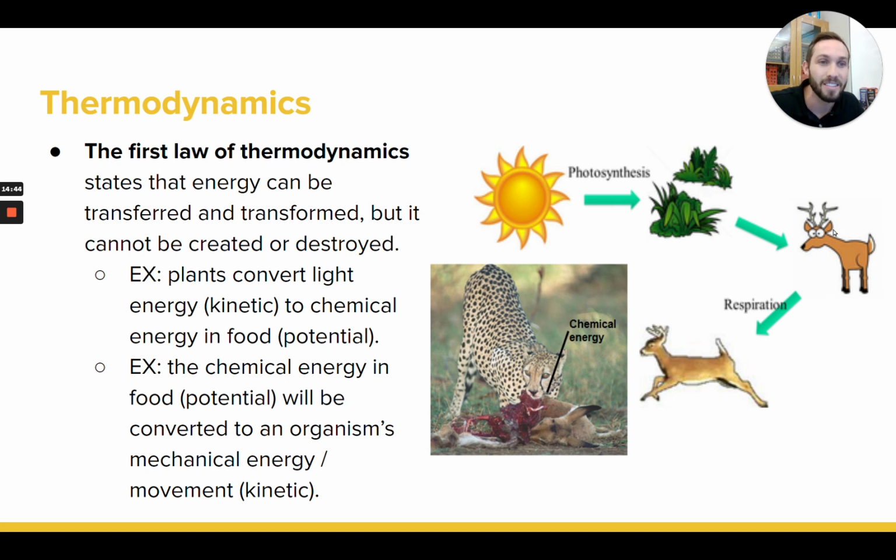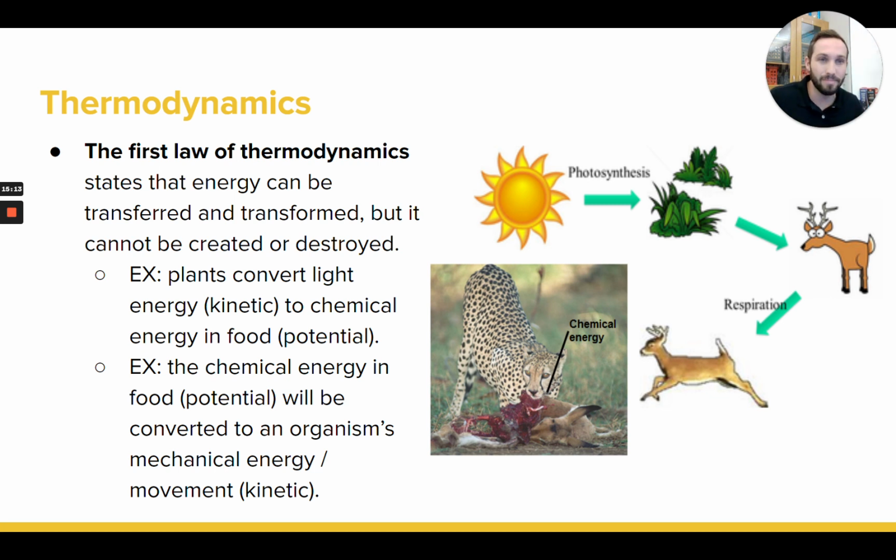And then this deer is going to eat that chemical energy, and that chemical energy is now going to be transferred to the deer, who is going to make use of it. Through its metabolism, it's going to break down that organic material that it ate in its food and use that for kinetic energy. It's going to move around and frolic through the woods and run. And that energy that it's using came from the food that it had eaten.